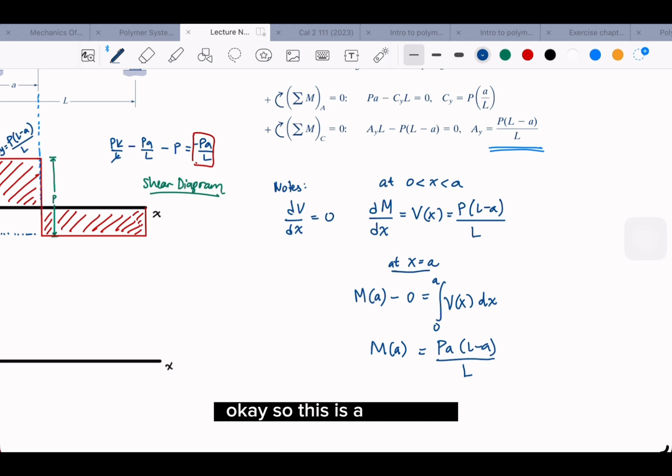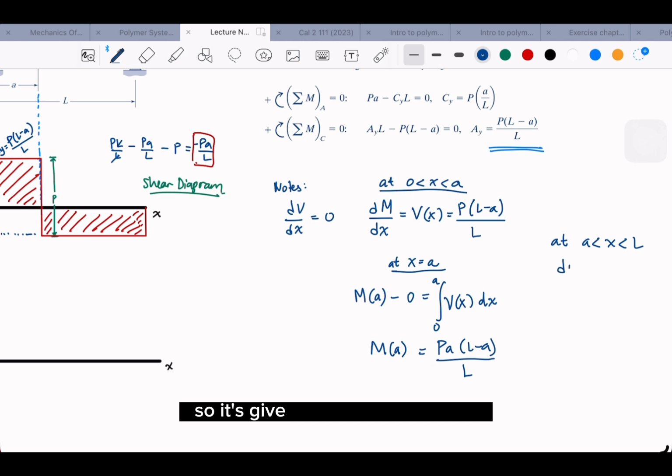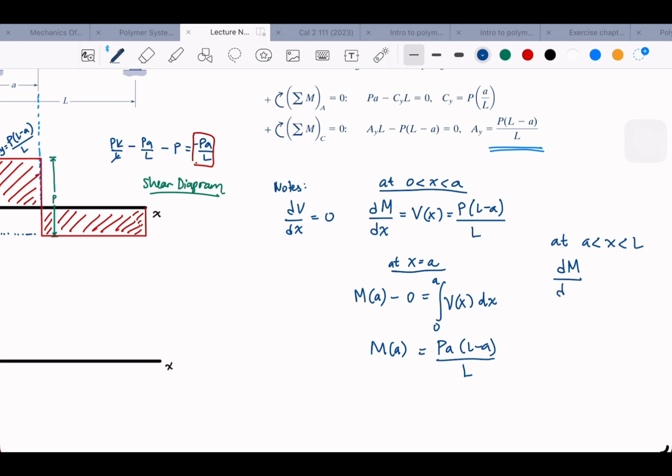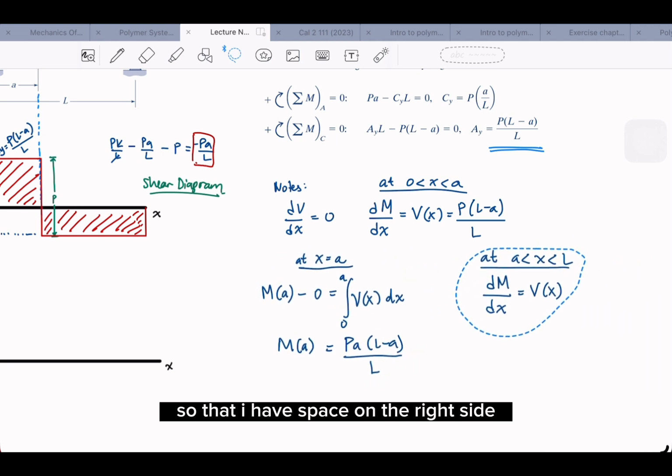Okay, so this is at x equal A, and then nearby the L, so at the right side, we can write A until L. So it gives the V is negative PA over L. Or maybe let me write a little bit left there so that I have space on the right side.